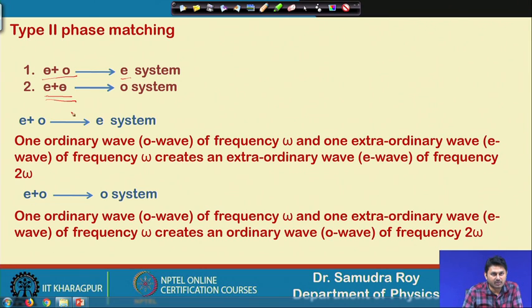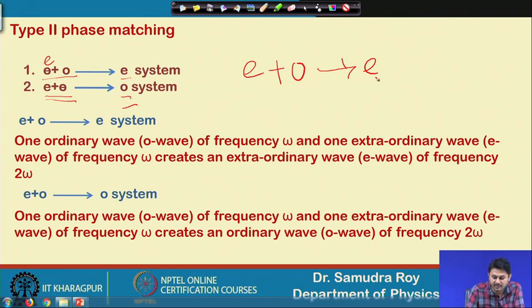Here somehow it has become theta, so it should be E. Let me write E plus O can generate E. This is one system under type 2 phase matching. E plus O can also generate an ordinary wave. This is a mixture of these things. So, this is called type 2 phase matching.